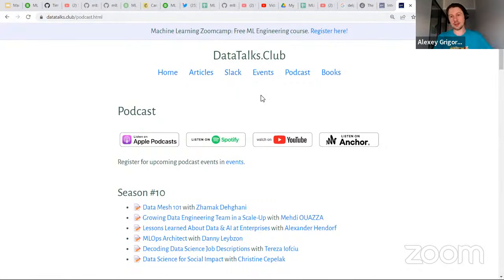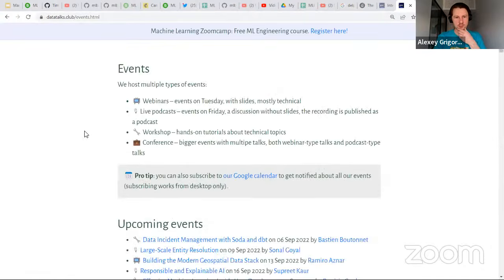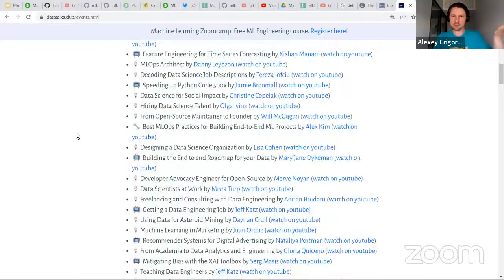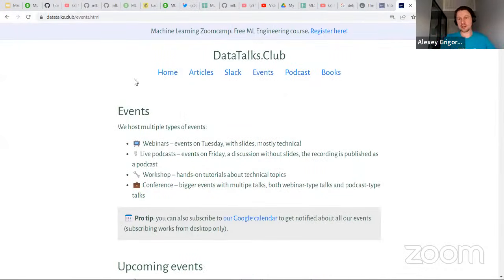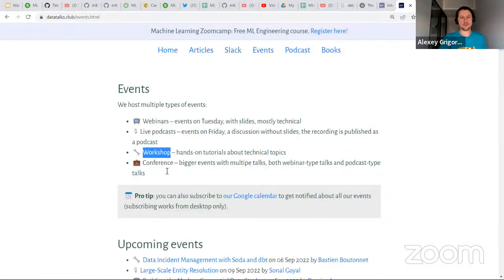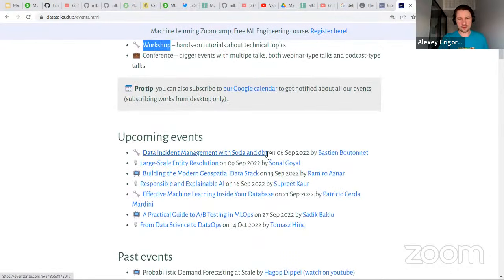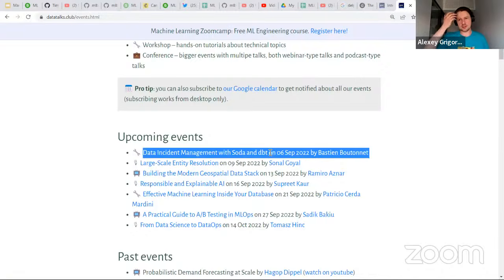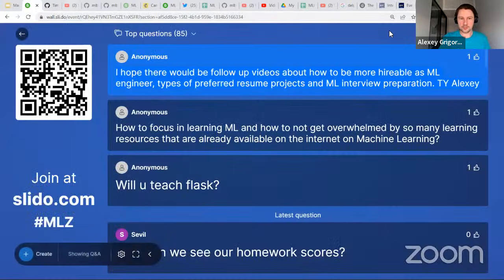You will find a lot of content related to that, and also events in general. Just keep an eye on what kind of events we have. We also have workshops. For example, tomorrow we will have a workshop about DBT. DBT is a tool for creating transformation pipelines. So you will find a lot of content here.